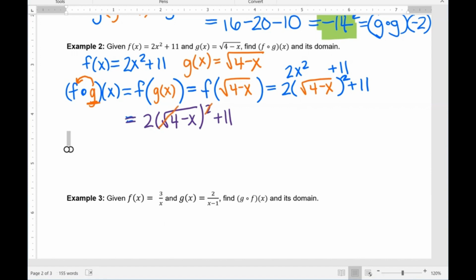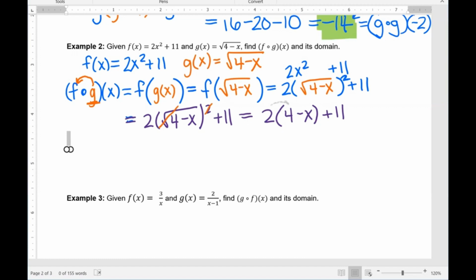Okay. Which means that we are working now with 2 times parentheses, 4 minus x, close parentheses. The square and the square root are gone because they canceled each other out. Plus 11 still along for the ride.